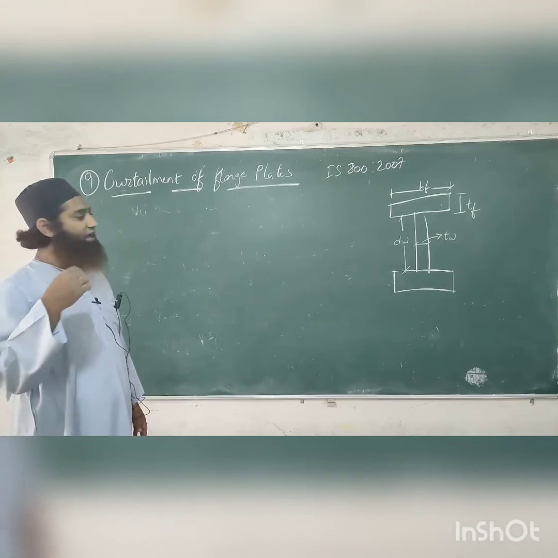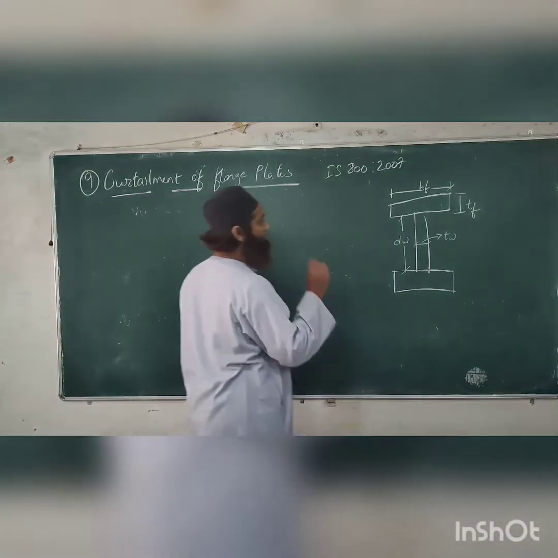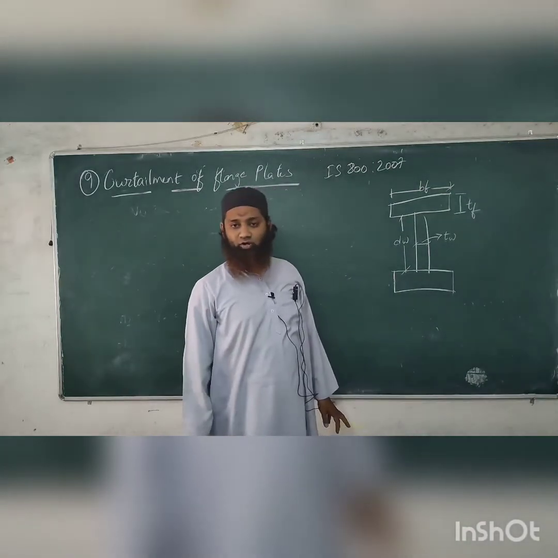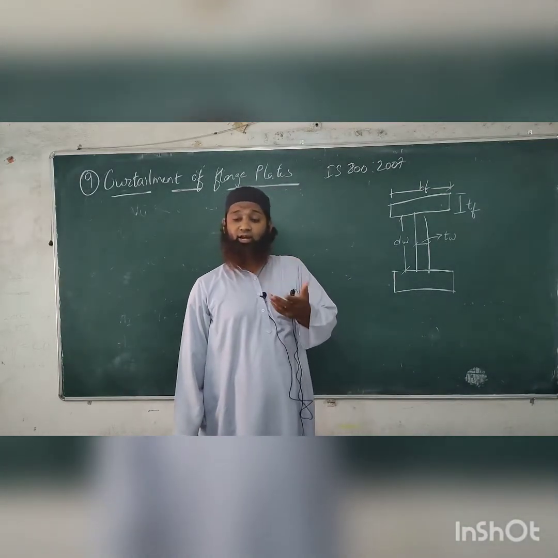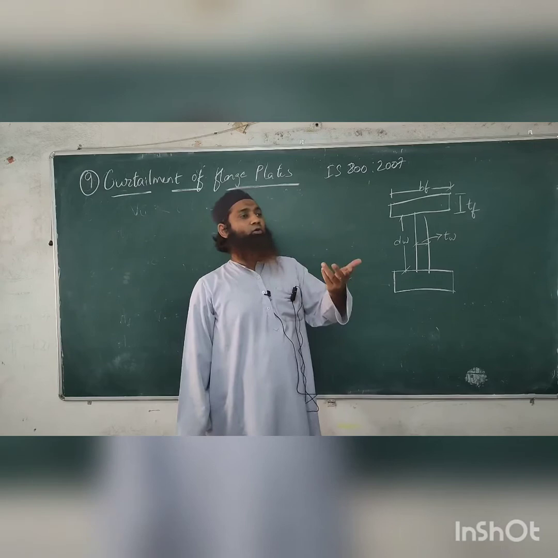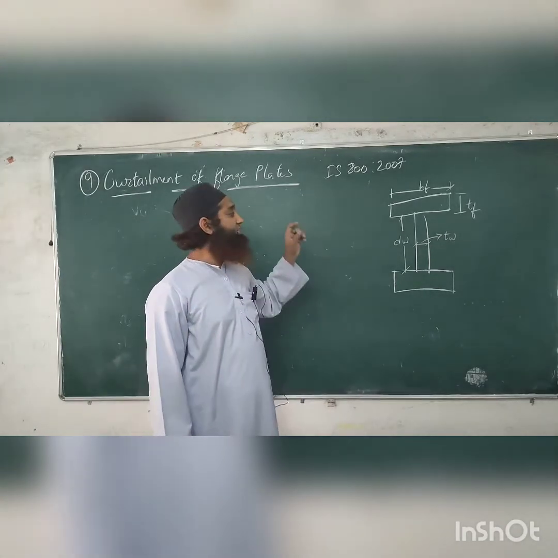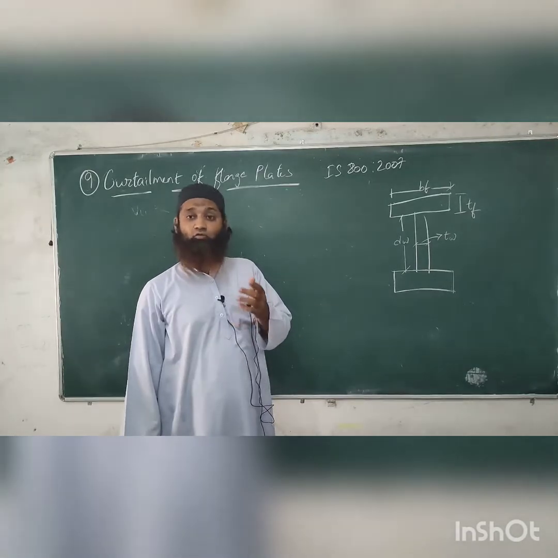What happens when we have determined the breadth of the flange and thickness of the flange? Sometimes the thickness of the flange we get is very high. Just for an example, if we get 30 mm, 30 mm is a very thick plate and it is not easy to weld that plate.